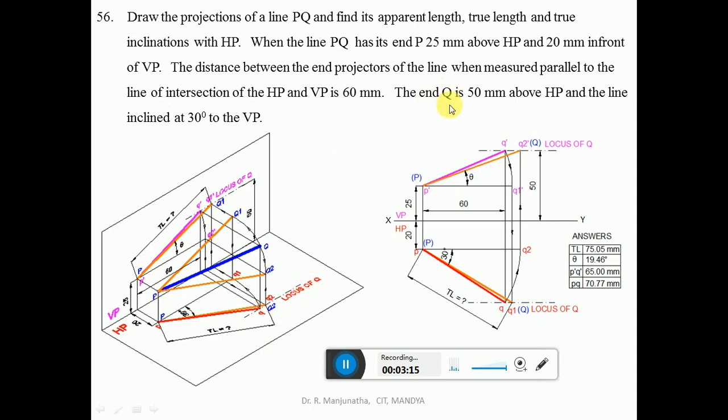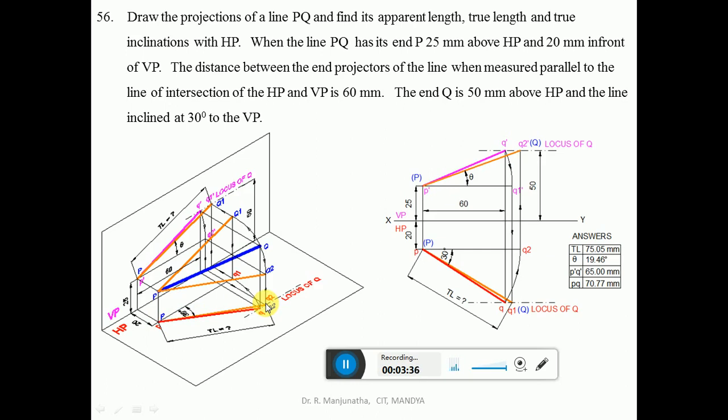But we have the true inclination with respect to VP. That means the true length will lie on the horizontal plane. If the true length of the line has to be in HP, the line has to be parallel to HP.